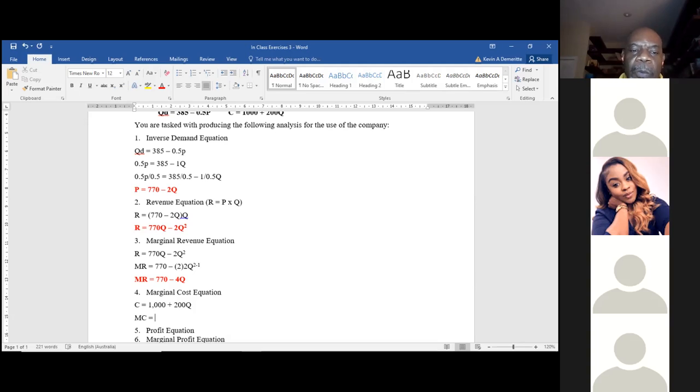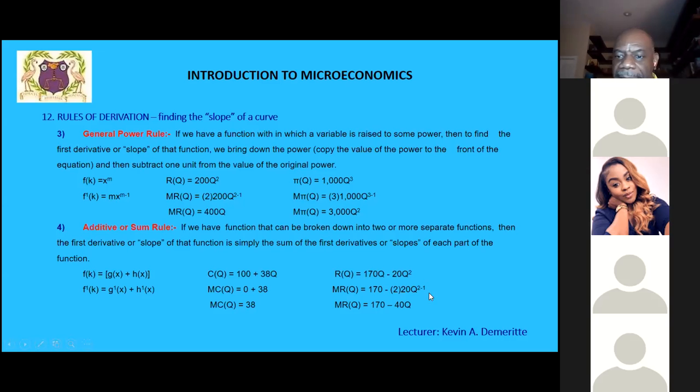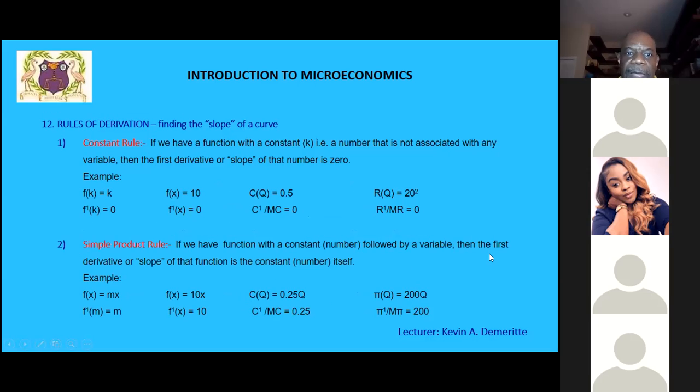So what do you do finding the slope if you have a function that has a number in it all by itself, a constant? Rule number one: if you have a function with a constant, that is a number that's not associated with any other variable, then that fades away, the slope of that is 0.